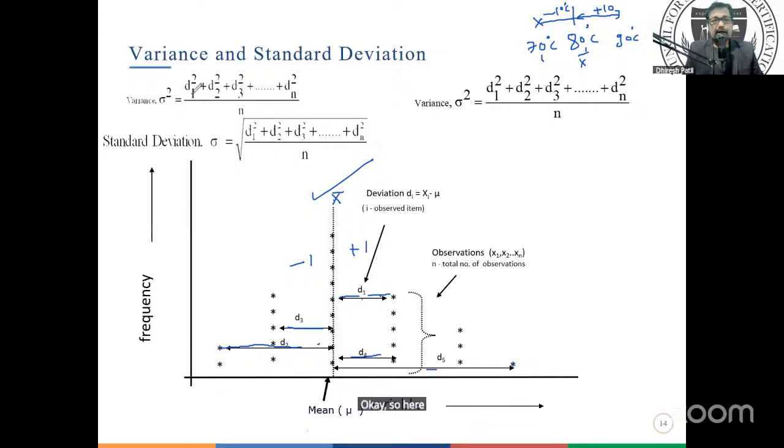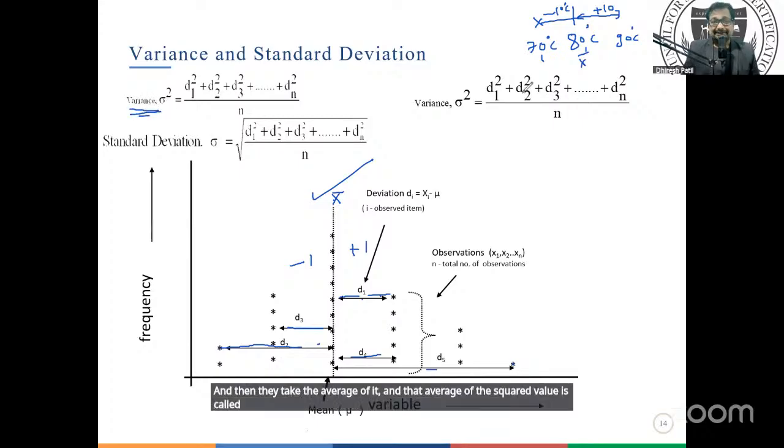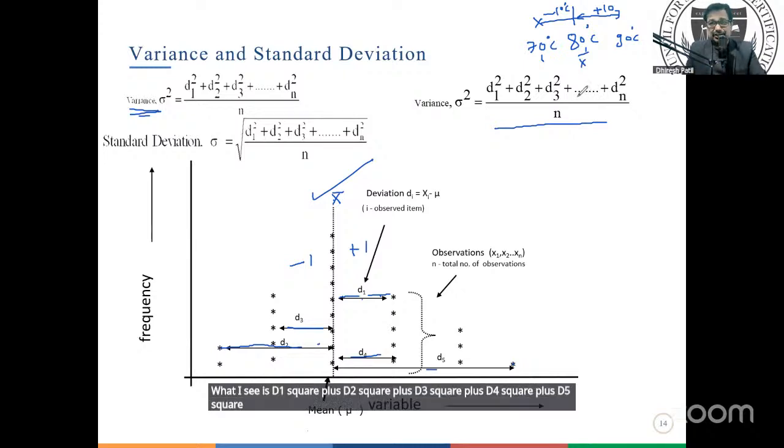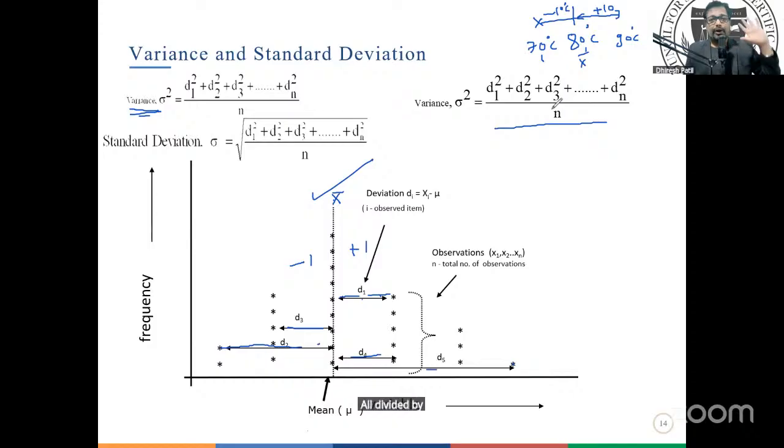So they take these squared values, d1 square, d2 square, d3 square, d4 square, etc., and then they take the average of it, and that average of the squared values is called variance. Here you can see the formula. Variance is d1 square plus d2 square plus d3 square and so on up to d7 square, all divided by the number of data points. Variance is denoted as sigma square.